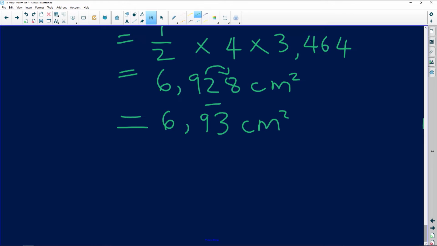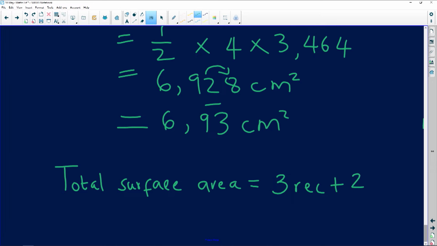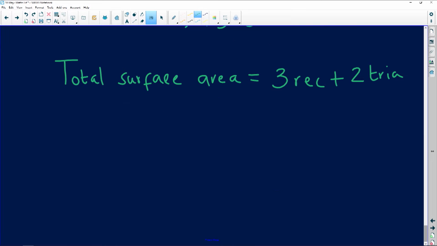Let's go down. So for my total surface area, it's going to be the 3 rectangles plus the 2 triangles. Okay, I hope that makes sense to you. So what is the area of one triangle?